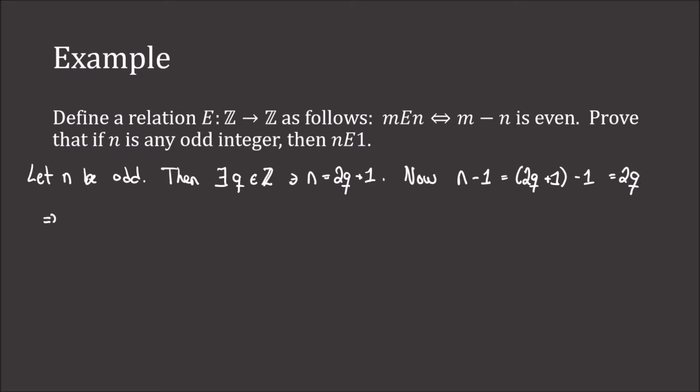Well, this means that n minus 1 is even by definition. Well, that would mean that n and 1 are related by E. That is what we wanted, and so the proof is complete.